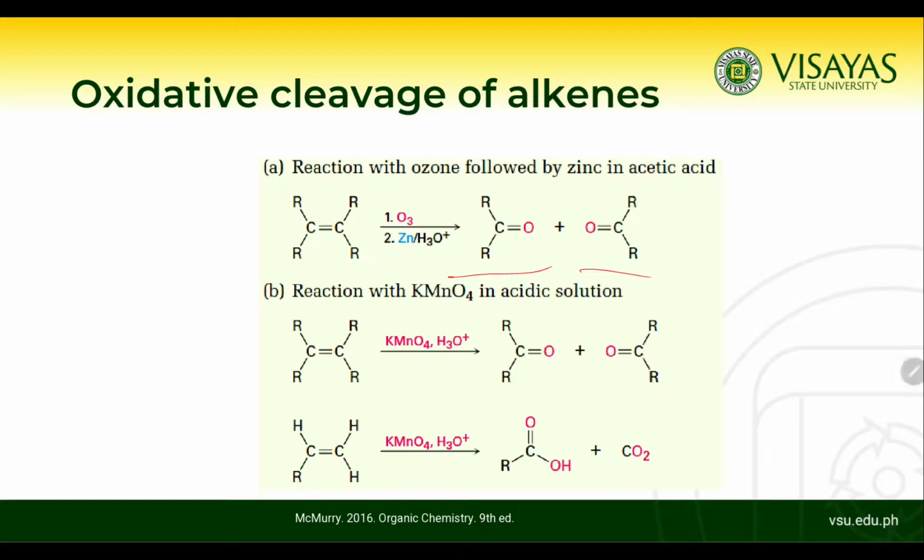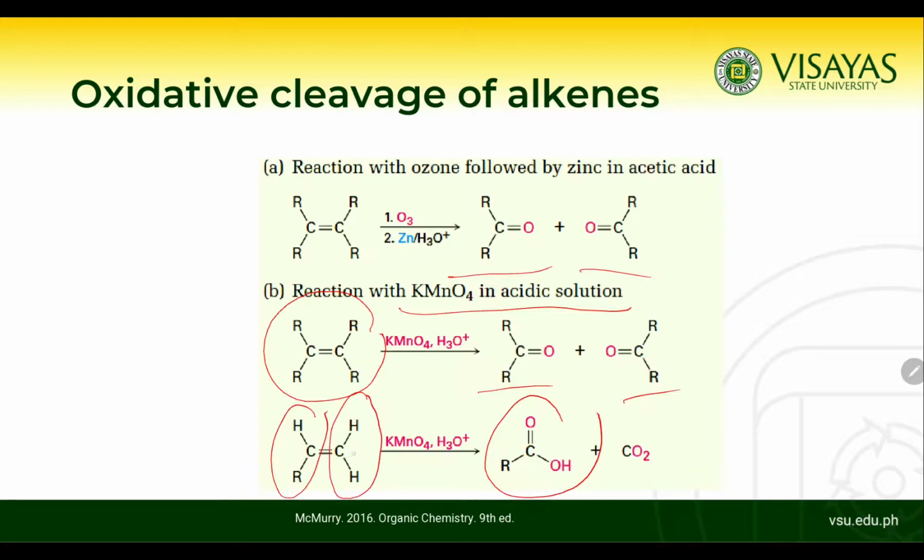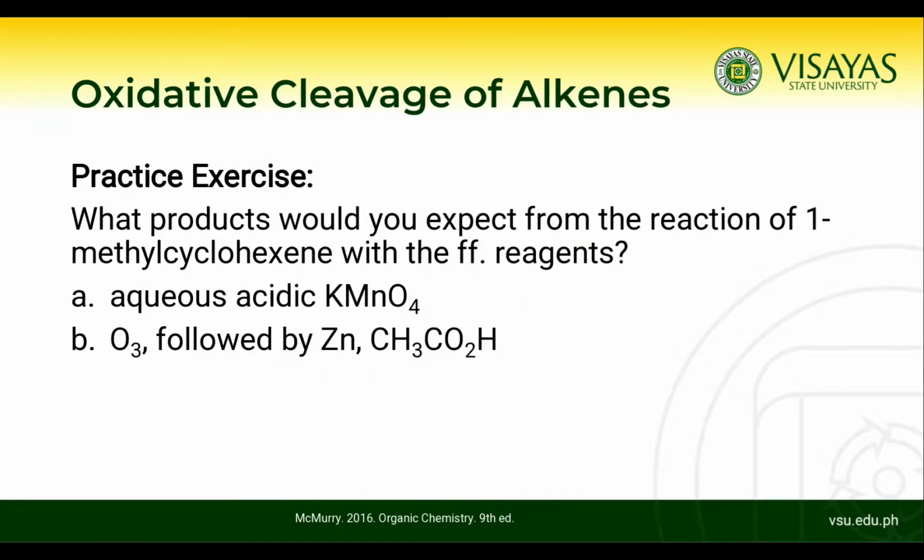We also have reaction with potassium permanganate in acidic solution. And so when we have tetra-substituted, we form ketone. But if we have hydrogens present, kung usa lang ka hydrogen, we form carboxylic acid. When we have 2 hydrogens nakabond sa carbon sharing the double bond, we form carbon dioxide. Okay, so that's reaction with potassium permanganate in acidic solution.